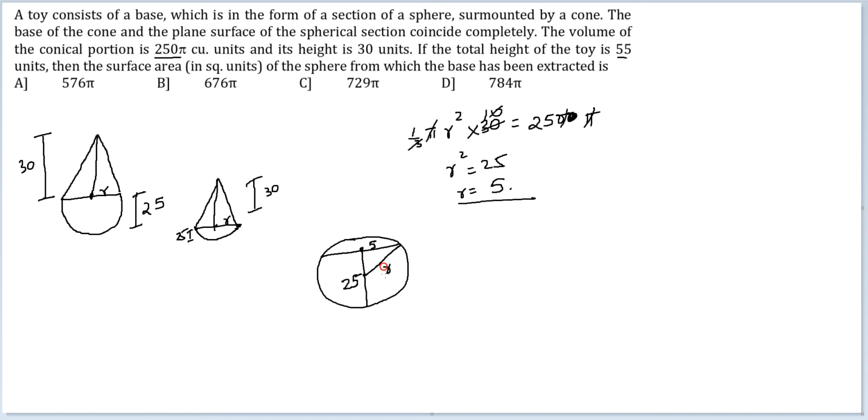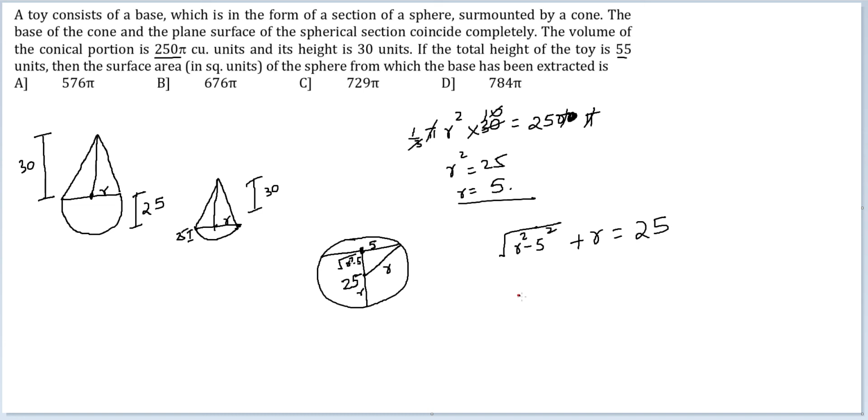So if this is r, this is r, this would be how much? 5, r, under root r² minus 5². This would be r. So under root r² minus 5² plus r is equal to 25.